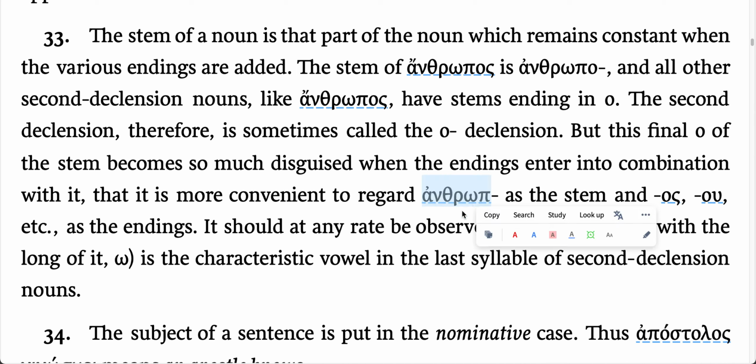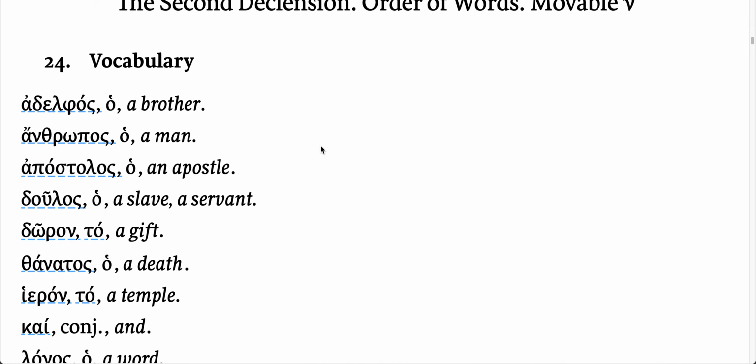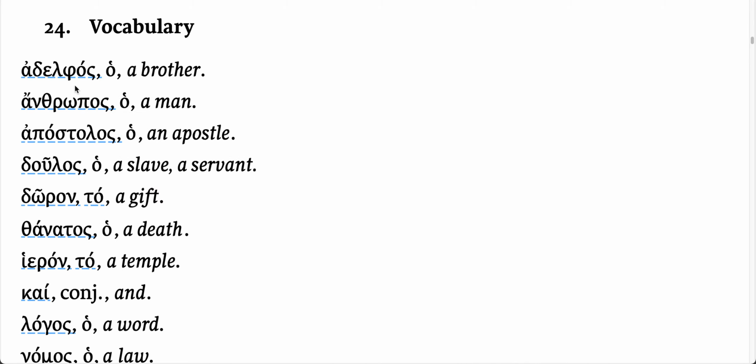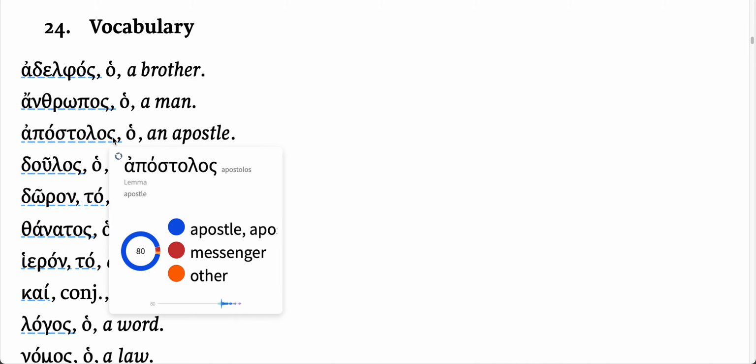Practically, there's your stem. So you take off the omicron sigma. So if you go back up to the vocabulary, we have omicron sigma. So adelph is the stem. Take away the omicron sigma. Apostolos. Take away the omicron sigma. Apostol. Alpha, pi, omega, omicron sigma, tau, omicron, lambda.